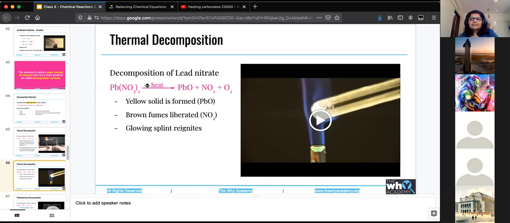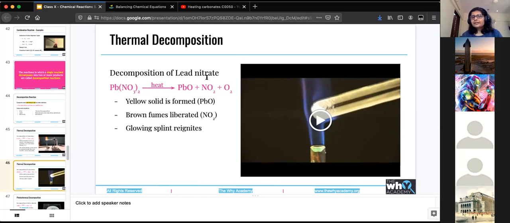Identify X, the yellow solid and the brown fumes. So you need to recognize the colors of all these compounds and what will undergo this reaction. Observe what is happening, where gas is released, where effervescence is there, all these little visual cues. That's the reason I'm sharing the playlist also. Keep watching the videos, learn more about these compounds.